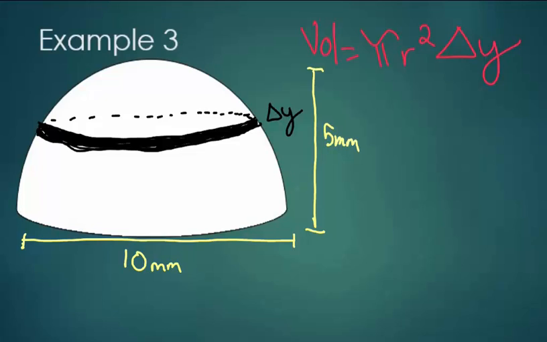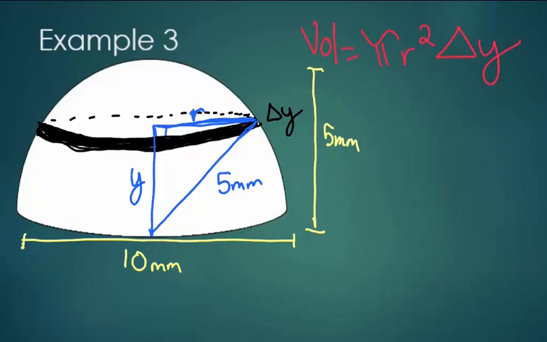From here to our disk is 5 millimeters. We have our height of the disk, which is y, and our radius of our disk, not the hemisphere, but our disk, is r.